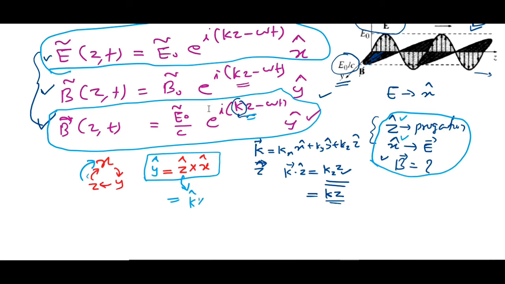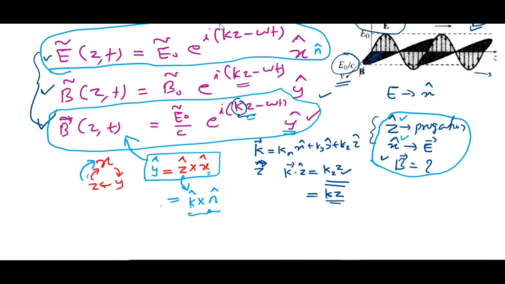Then if the electric field is along a general n direction instead of x, then k cross n results in the direction of the magnetic field, that is y in the particular case.